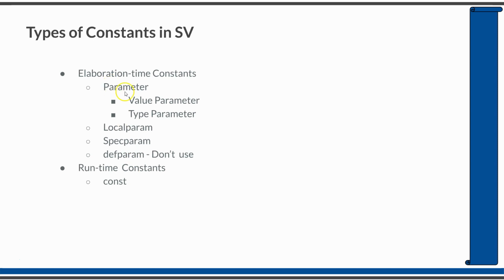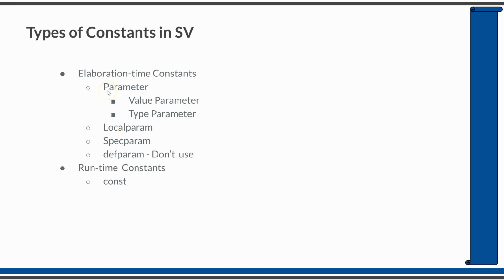Elaboration time constants are parameter, localparam, specparam and defparam, and the runtime constant is the const keyword. Out of these, specparam is specifically used in the specify block, which is out of the scope of this course, and defparam is not recommended to use. The remaining two elaboration time constants are parameter and localparam.